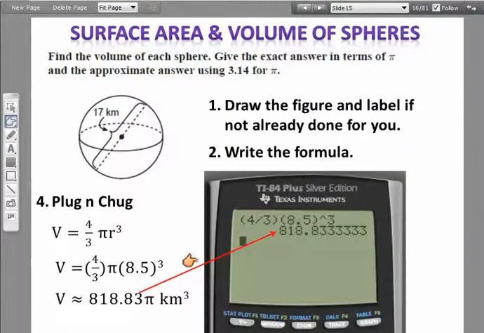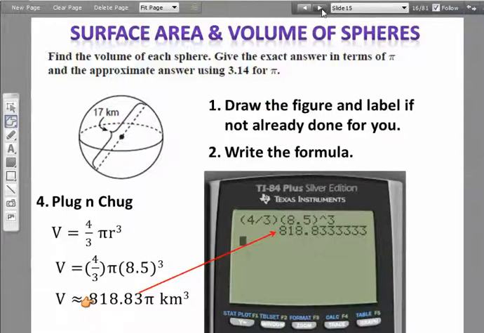I plug and chug. Notice how I've keyed it all the same way into my calculator. I'm taking 4/3 times 8.5 cubed. I'm not doing anything with the pi yet. So my volume is going to be, even though this is exact as I'm going to get because I've got 4/3 and that's a non-terminating decimal, 818.83 pi kilometers cubed.